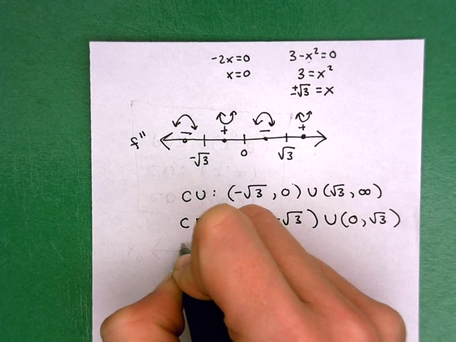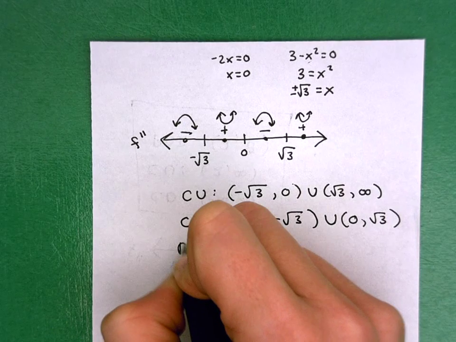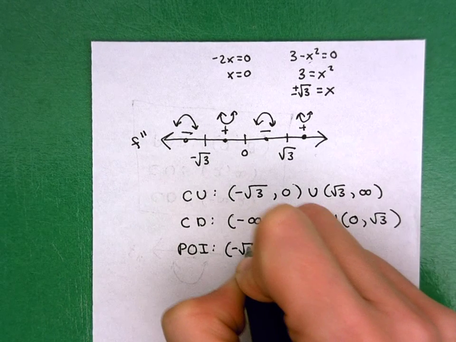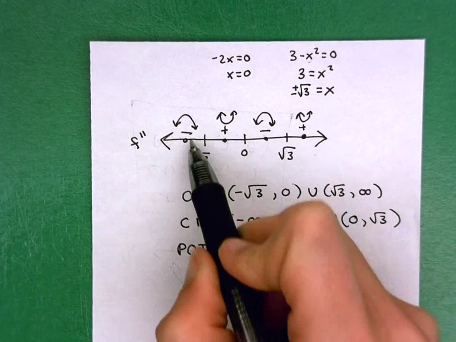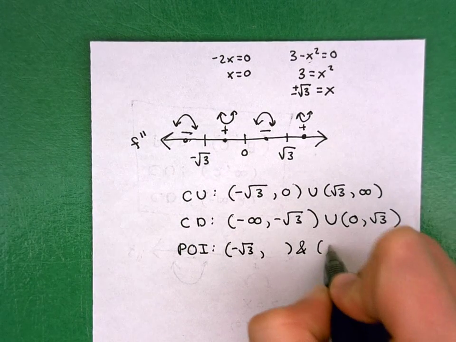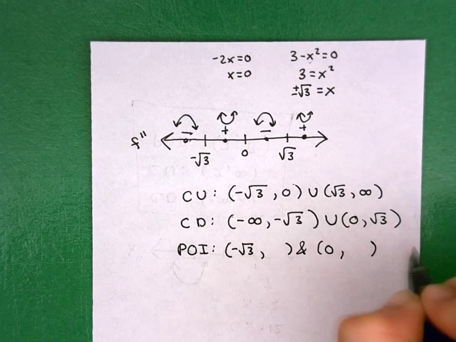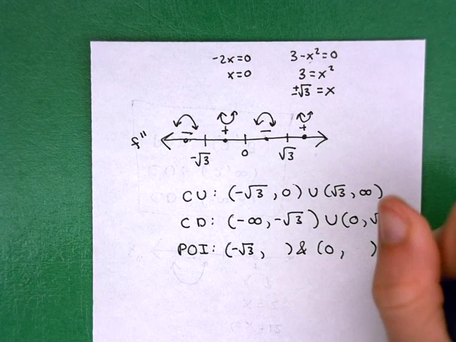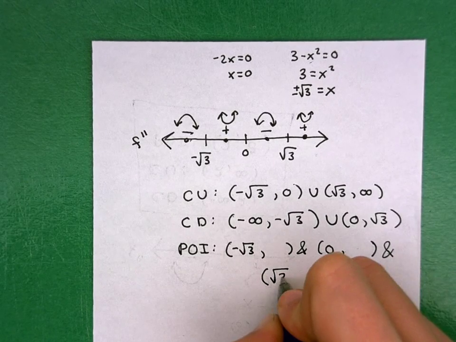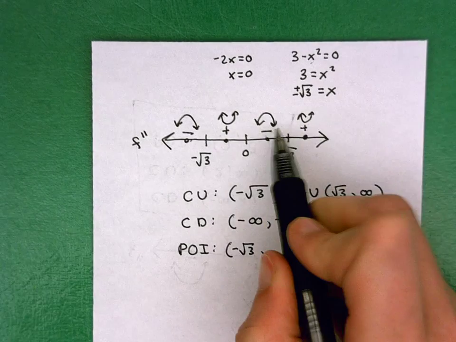And then we have 3 possible points of inflection that I'm going to be checking. One at negative root 3, because I changed from concave down to concave up. One at 0, because I changed from concave up to concave down. And one at root 3, because I changed from concave down to concave up.